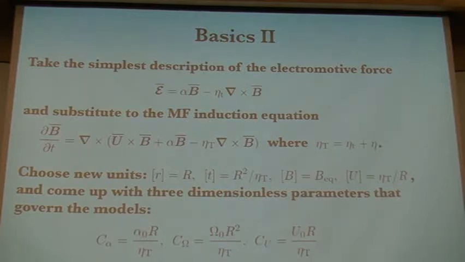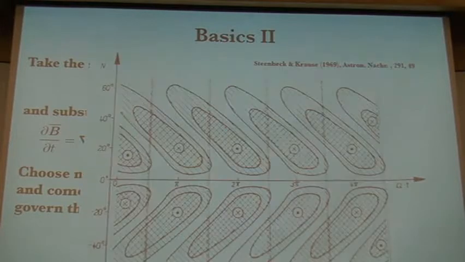And actually this was done very early by Steenbeck and Krause, already in '69, where they had a model similar to this. Of course, the internal rotation of the Sun was not really known to the same accuracy at the time.